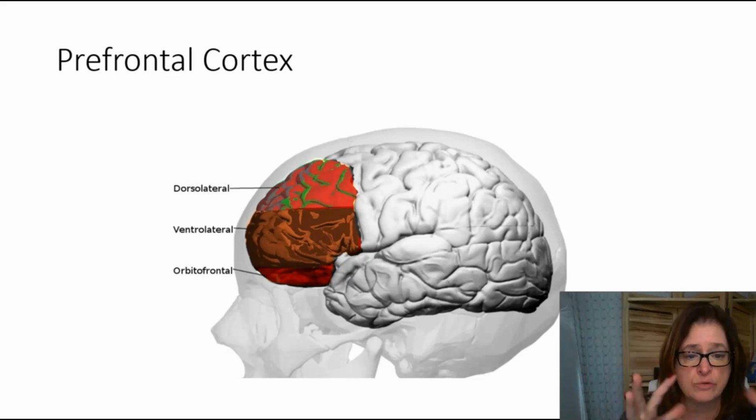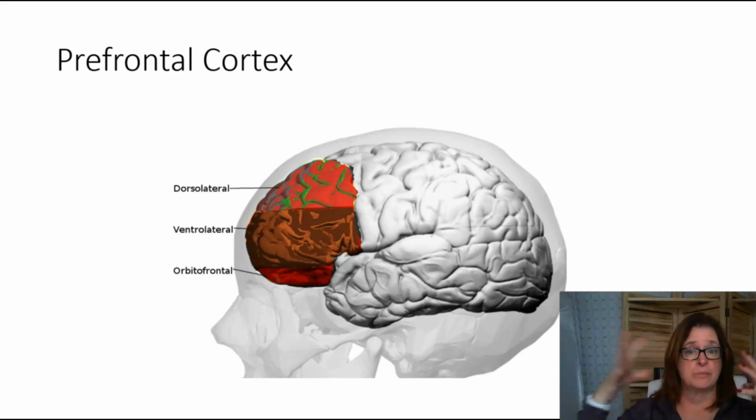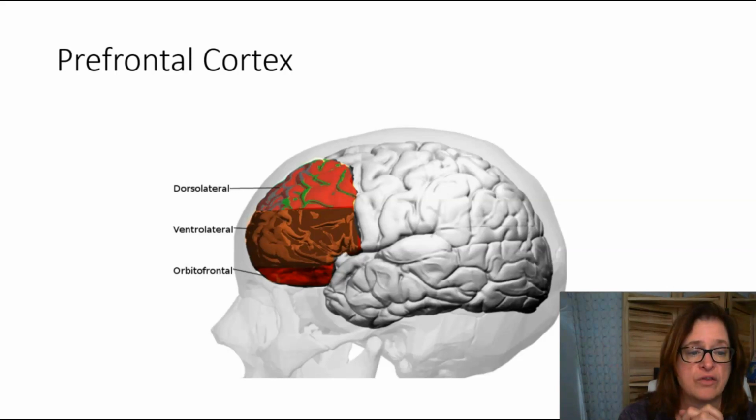It sends and receives a lot of information from a lot of different areas of the brain, including the amygdala. It plays an important role along with the orbital frontal cortex in regulating emotions, especially when we're dealing with social situations.